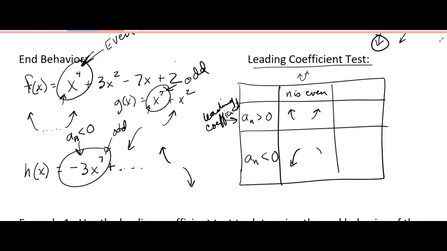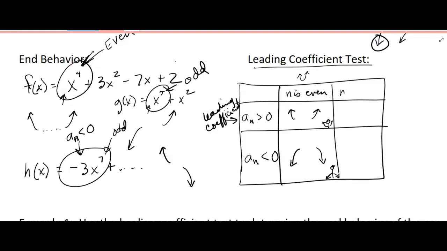So it's going to go down to the right and down to the left. Think of this like a referee in football saying touchdown, but then here's the umpire in baseball saying safe. You have to use your imagination. That's if n is even.